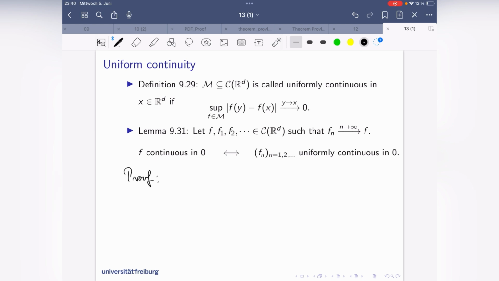So we have two directions. From right to left: f of t minus f of 0. What do we need to show? We need to show that if t goes to 0, this converges to 0. On the one hand, by uniform continuity and since fn converges to f, this is the same as the lim sup of fn of t minus fn of 0.